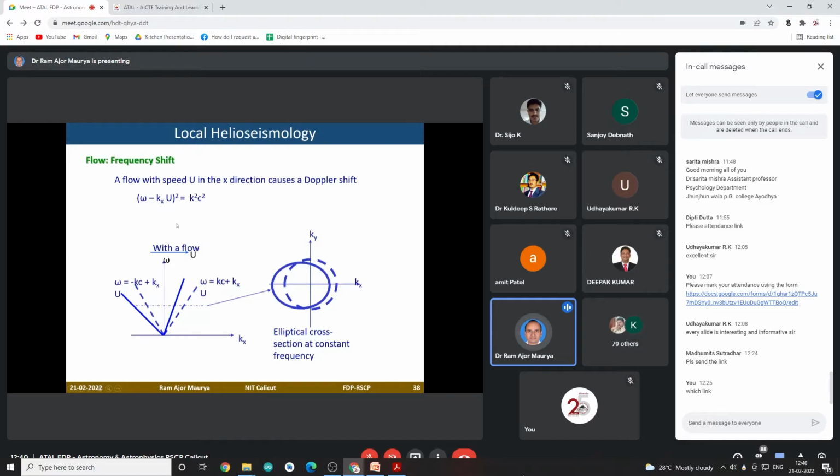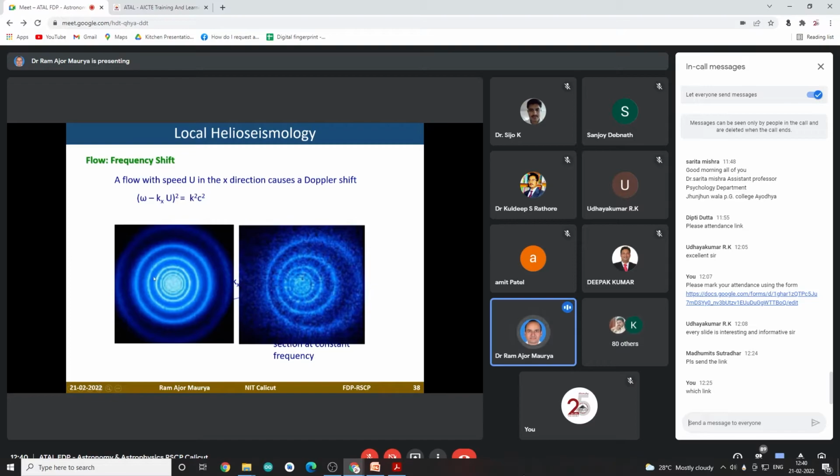Similarly, we can have the flow in any direction, not only in x and y. Because of that, we will have a perturbation in the ring shape. So just by fitting these rings, we can find the flow along the x and y directions.